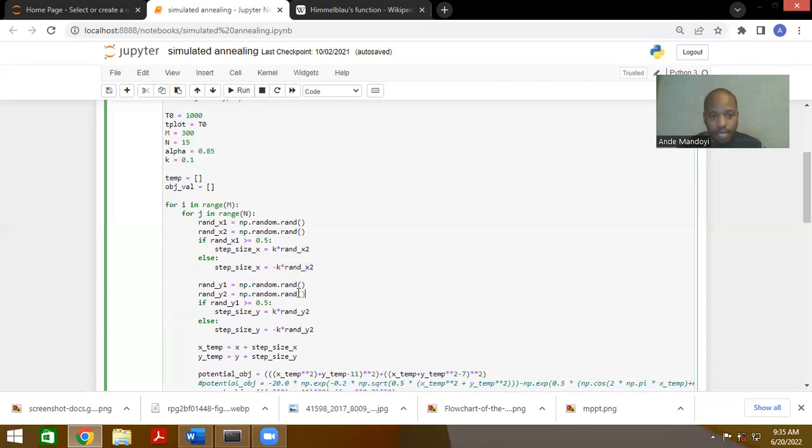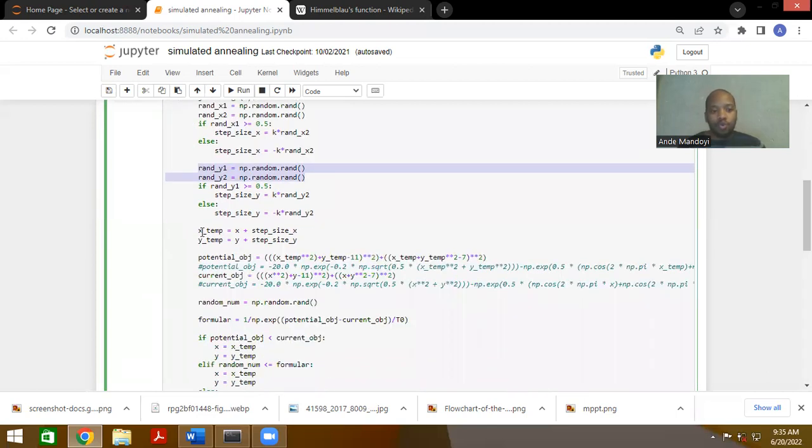Okay, we do the same for Y as well, because this is essentially a multivariable function. And we add our step sizes to X temporary and Y temporary. Now, we then want to look at the objective, or rather the cost of this function based on these two values that we've worked out for X and Y. If the objective or the cost, the value of Z, is less than the value of Z which we got with those random values, then we'll obviously accept.